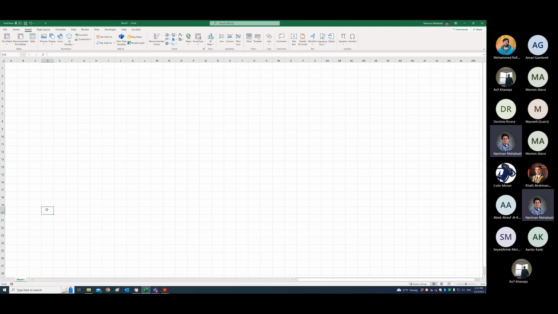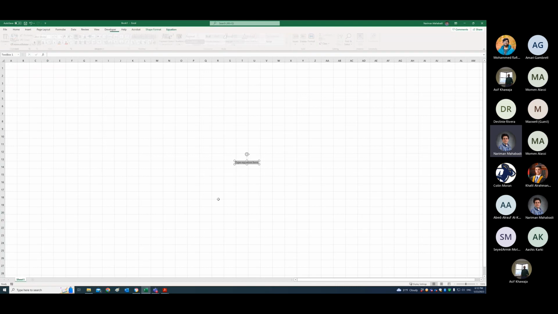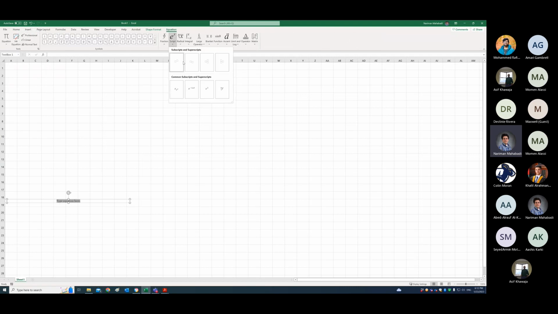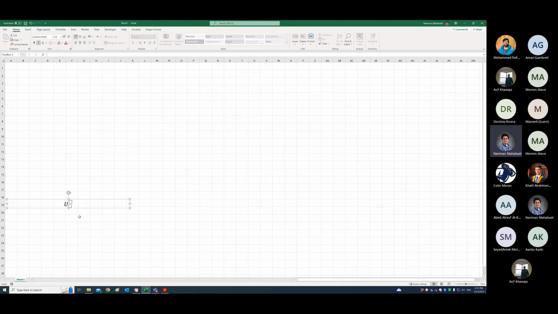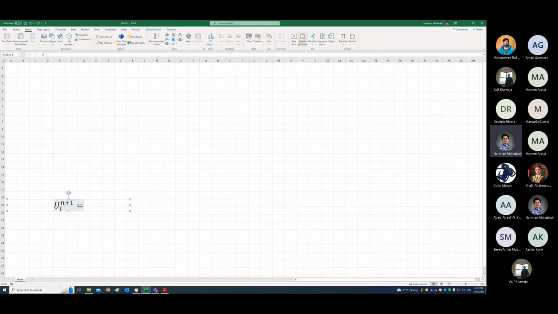Okay, so my equation is: u_i at the next time step is equal to my unknown function at the same time step, plus, Excel doesn't work like the equations in Microsoft Word.